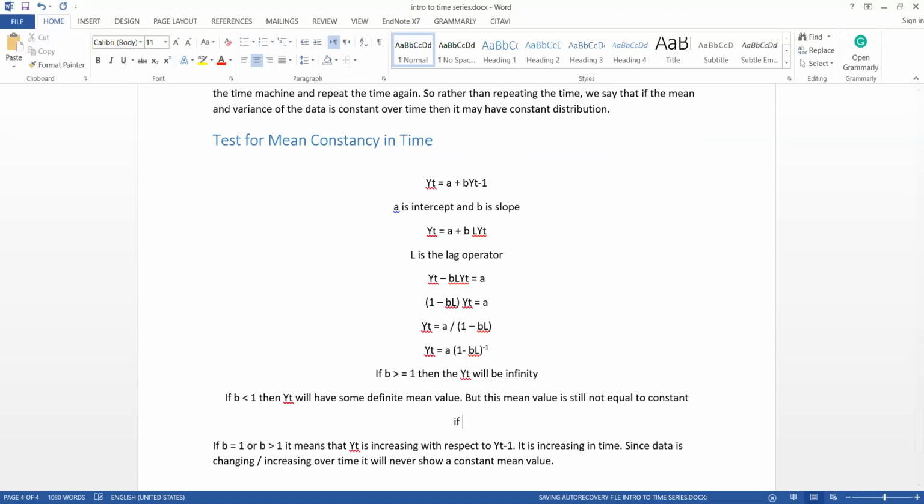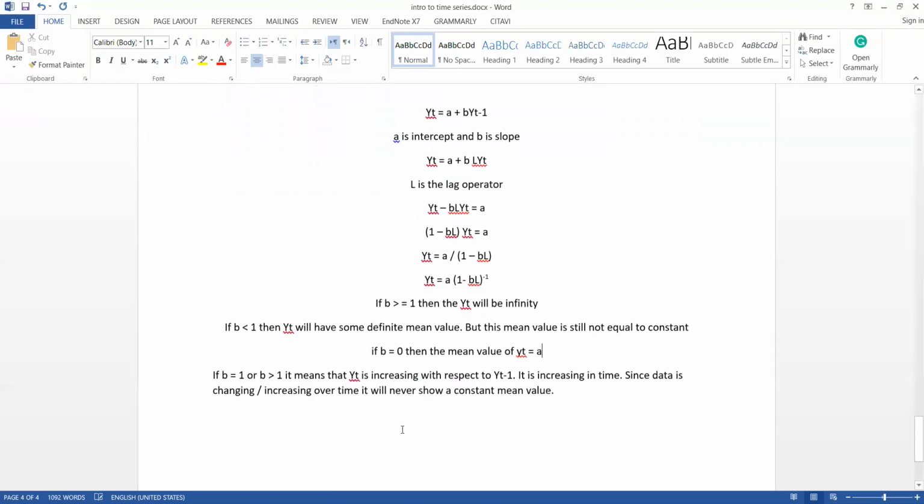If b is equal to 0, then the mean value of y t will be equal to alpha, or a. So ideally b should be equal to 0 so that the data may have a constant mean.